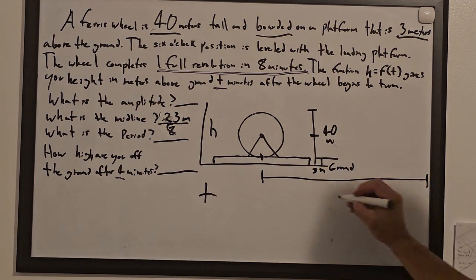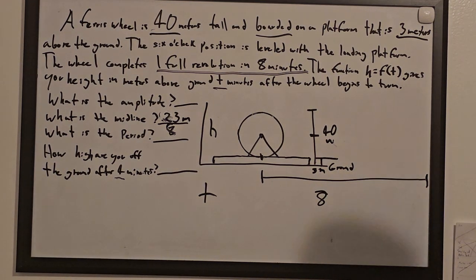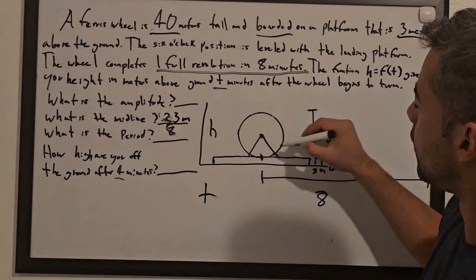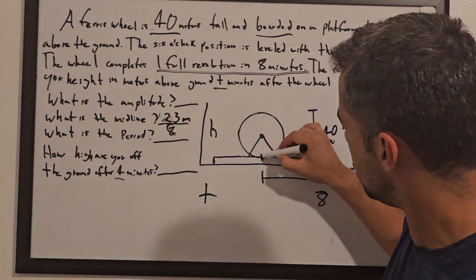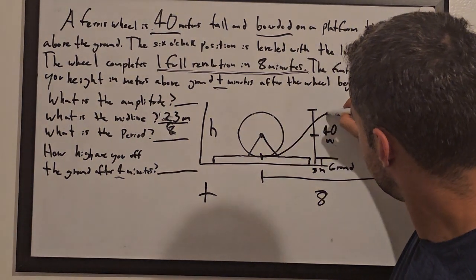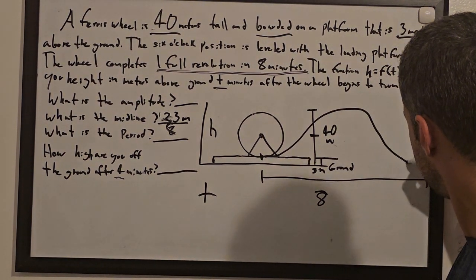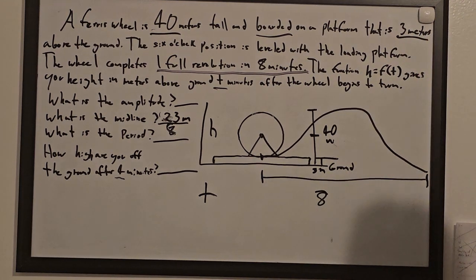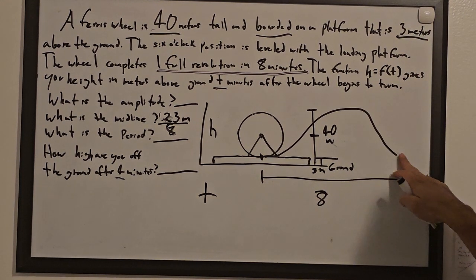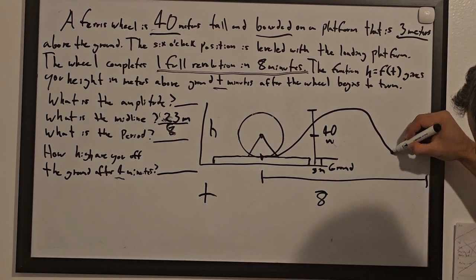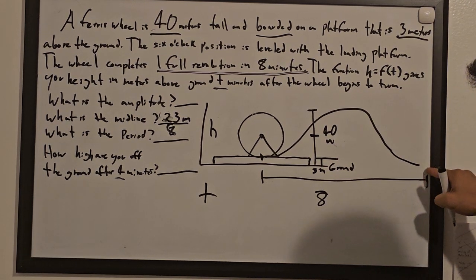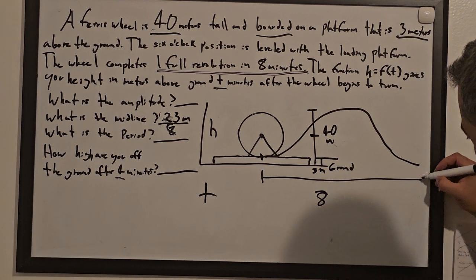And for t we have 8 minutes. That means that when somebody is loaded on the platform and then goes up and then back down, the amount of time this takes, that's a horrible curve, is 8 minutes. Right here.